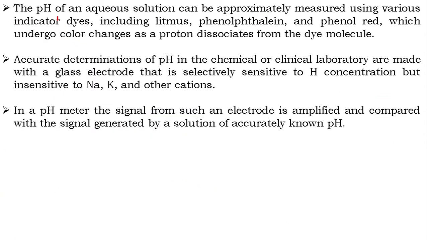And how do we measure the pH of a solution? We can use a set of coloring solutions, dyes, litmus, etc. You might have used phenolphthalein and methyl orange in your higher secondary classes for titration experiments. Actually, you are titrating an acidic solution with a basic solution, and you are calculating the endpoint by looking at the pH change.